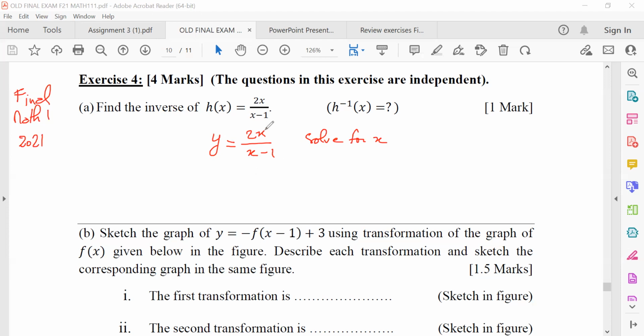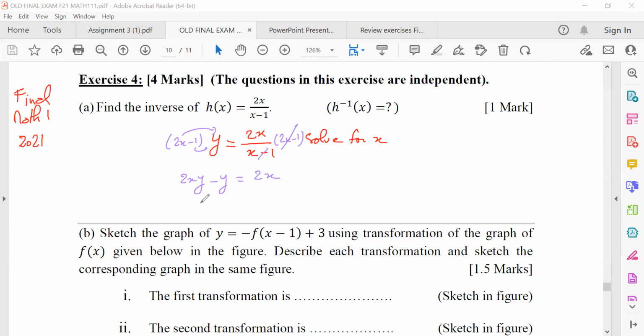So here the idea is to multiply both sides by 2x minus 1. We get 2xy, so we expand, minus y equals, and here we simplify, 2x.